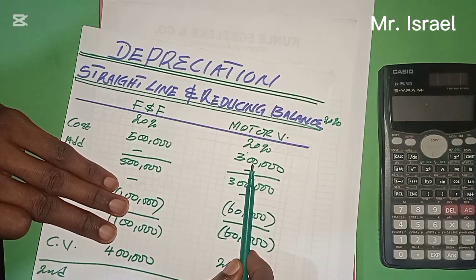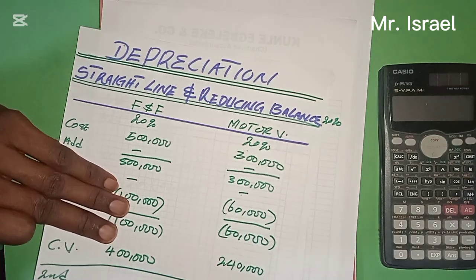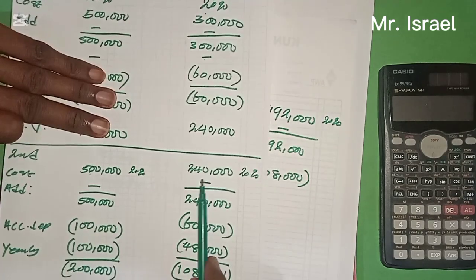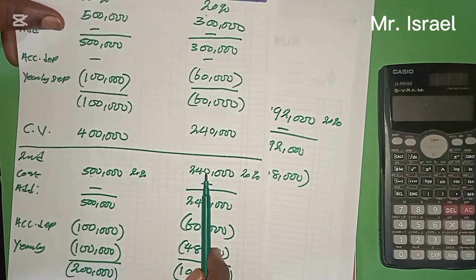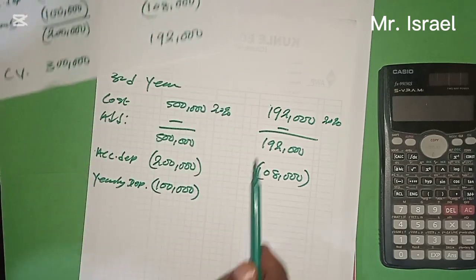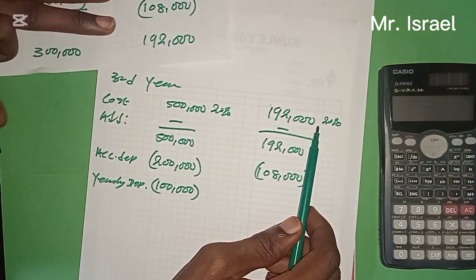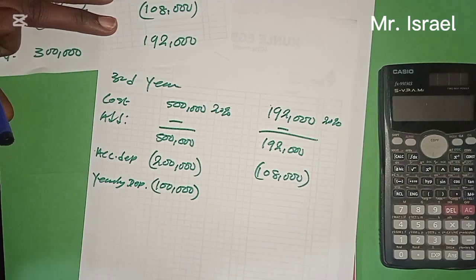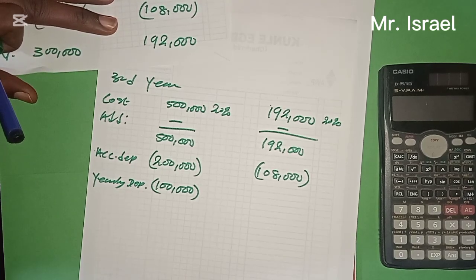We used 20% on the 300. It reduced to 240. We used 20% on that 240 again. It reduced to 190. Now we're using 20% on the 190. That is to say, we are applying the rate on each carrying amount. But straight line is equal apportionment, right?